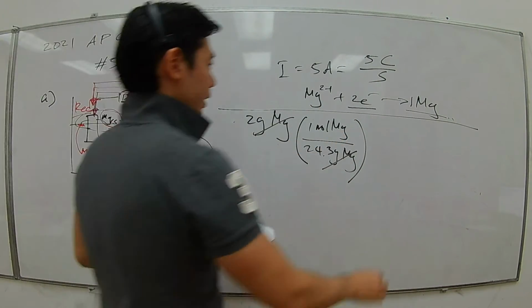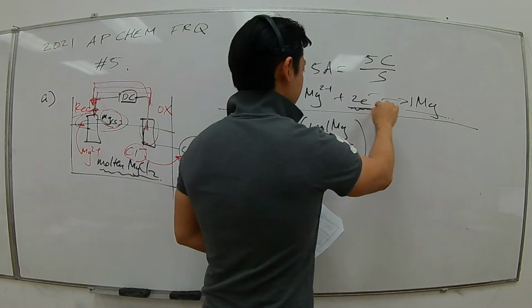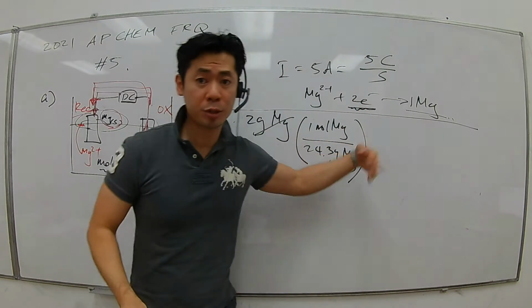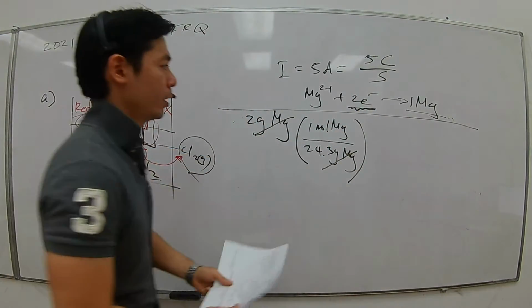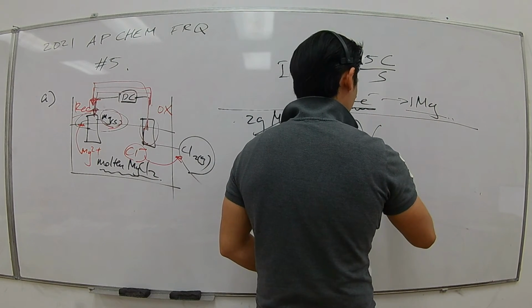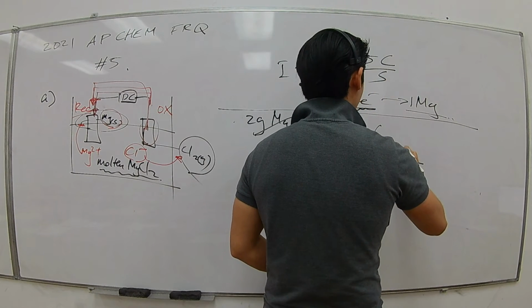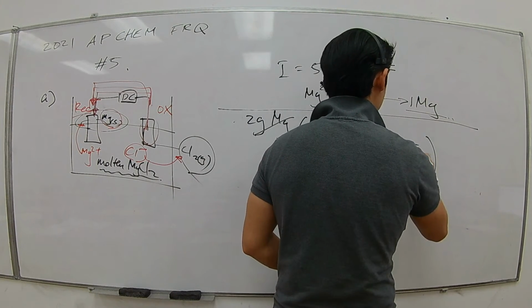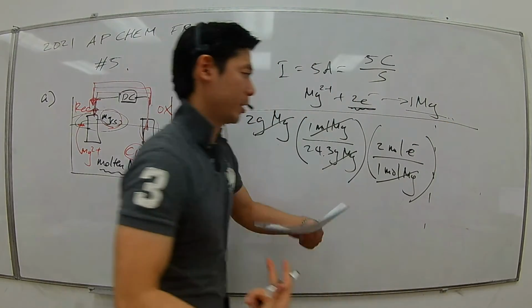Now I need to find how many moles of electrons are needed to produce 2 grams of magnesium. From the equation, for 1 mole of magnesium I need 2 moles of electrons. If you multiply by that, you get how many moles of electrons are needed.